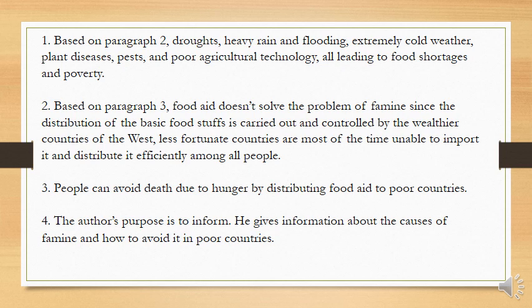Here are the answers of the questions. I answered the questions orally, but here, as you can see, the answers of each of the questions that were above. I just want to explain something. In a comprehension question, when the writer starts his question with based on paragraph or refer to paragraph 3, for example, you have to mention this in your answer, and you have to start your answer with based on paragraph 2, based on paragraph 3, referring to paragraph 6, for example.